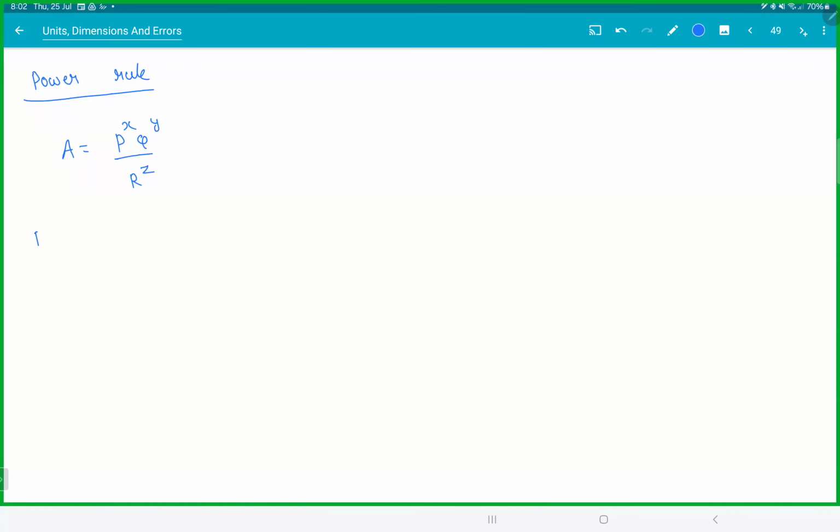Then this is what we do. Put ln on both sides, logarithm. Then this will be ln A. Then you know what happens to this thing: x ln P, plus y ln Q, minus z ln R. Then differentiate on both sides.